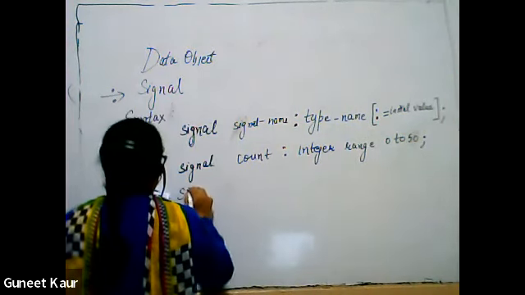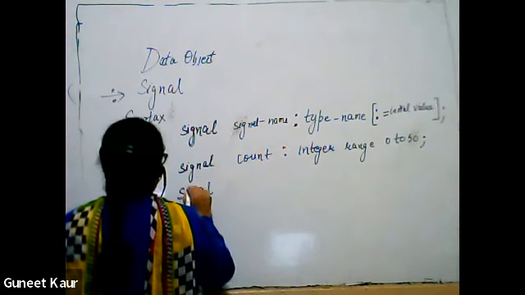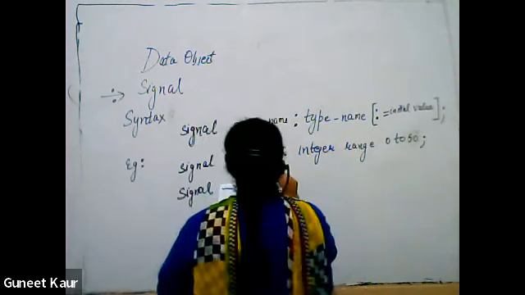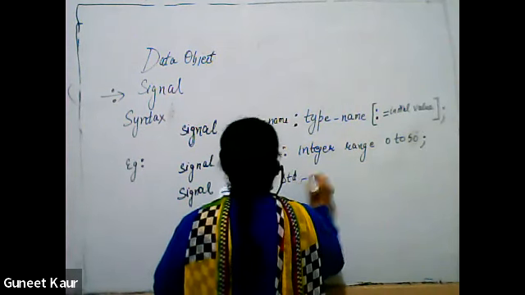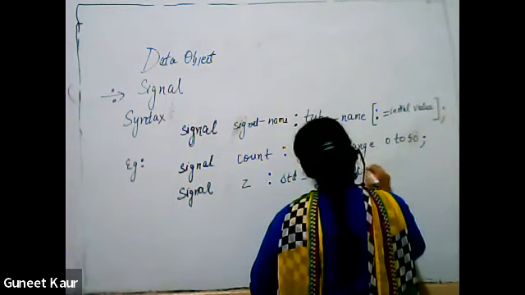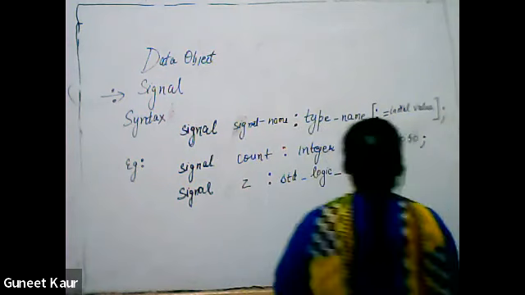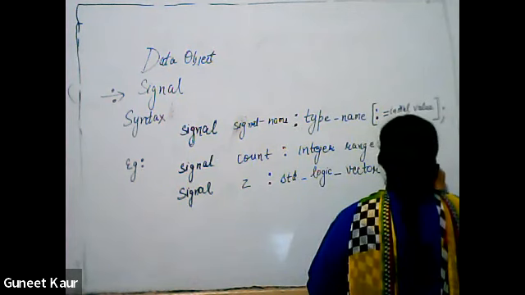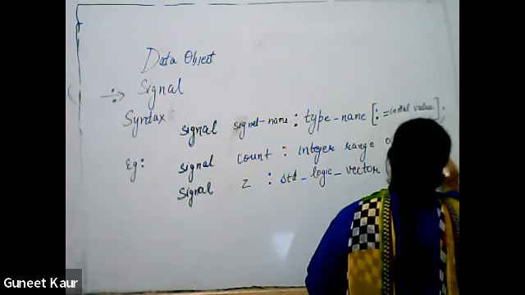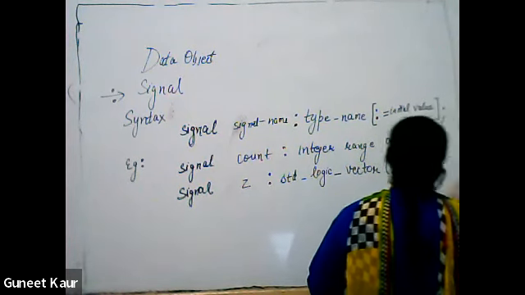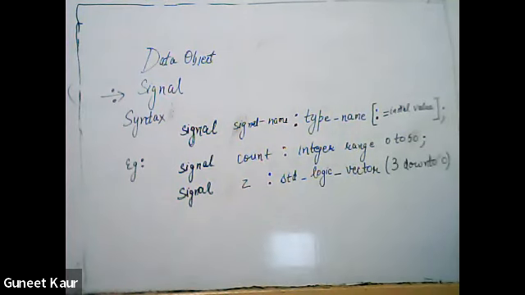Next is signal, bolding this, Z, colon, std_logic_vector, round bracket start, 3 down to 0, round bracket close, semicolon.